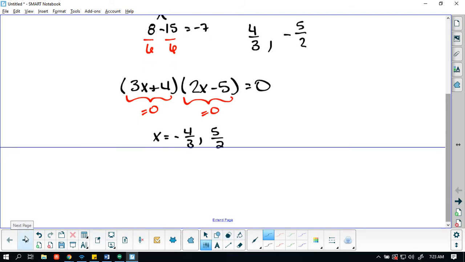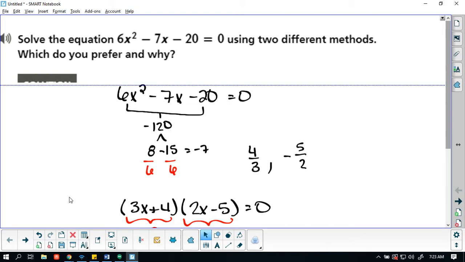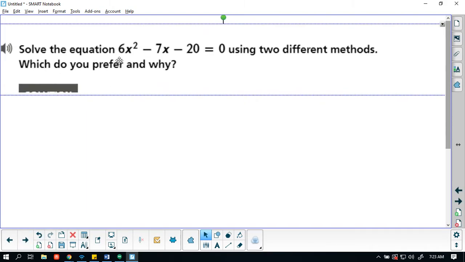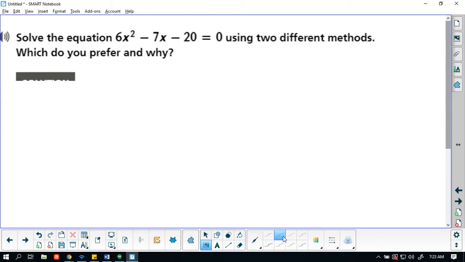The next method is I'm going to continue following the book, and I am going to do the quadratic formula. Now I know you've heard of many songs for the quadratic formula. Luckily, you don't have to sing it. So we're going to do x equals negative b plus or minus the square root of b squared minus 4ac, all over 2a.